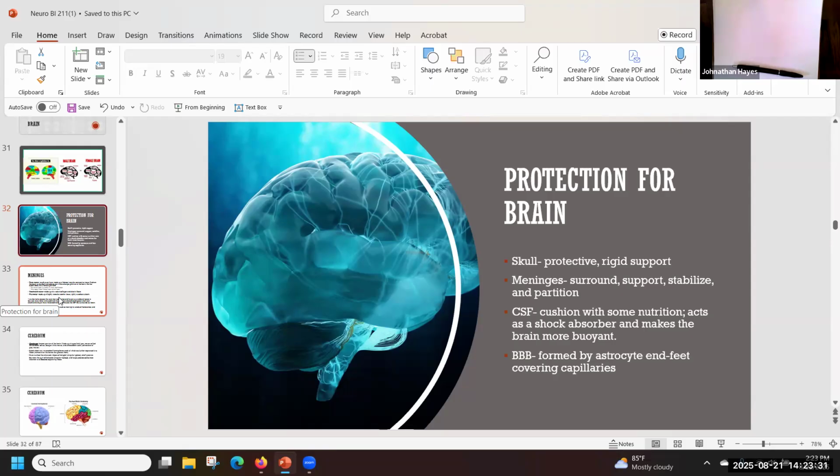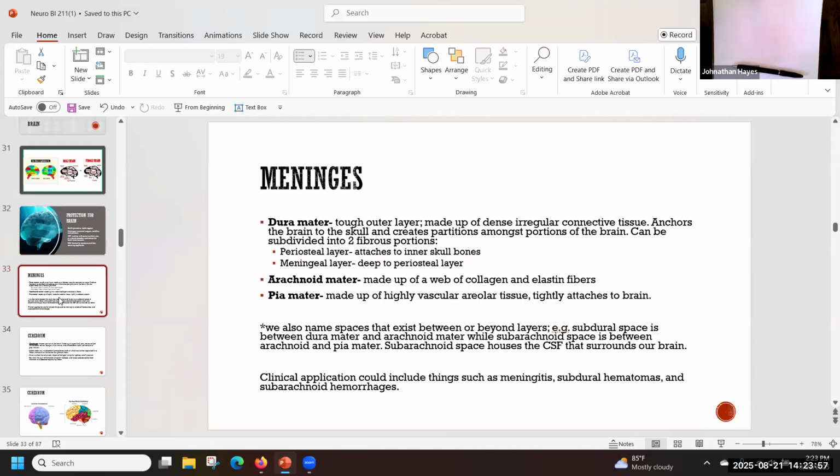It's holding the brain in place, so it'll keep it from shifting from one side to another or front to back. It surrounds and protects the brain. But if any of these meninges, like these protective membrane barriers, get swollen, that's impeding on that little tiny space that we have surrounding the brain and in between, say, the brain and the skull. So that's where that tends to come up most clinically.